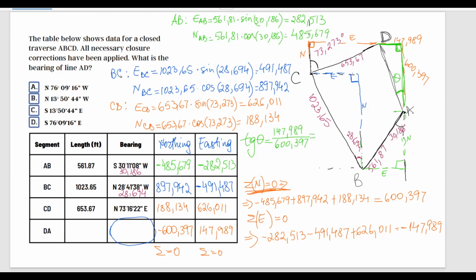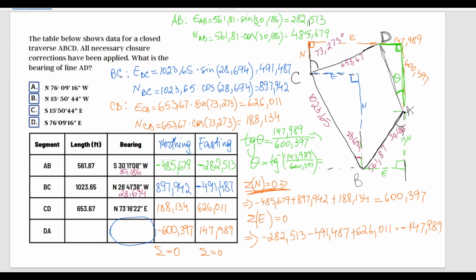So from here, we can calculate theta as equal to tangent minus 1 of this value. Let's see what that value is. I can actually write it down. I'll say arctangent of 147.989 divided by 600.397. And let's calculate theta.